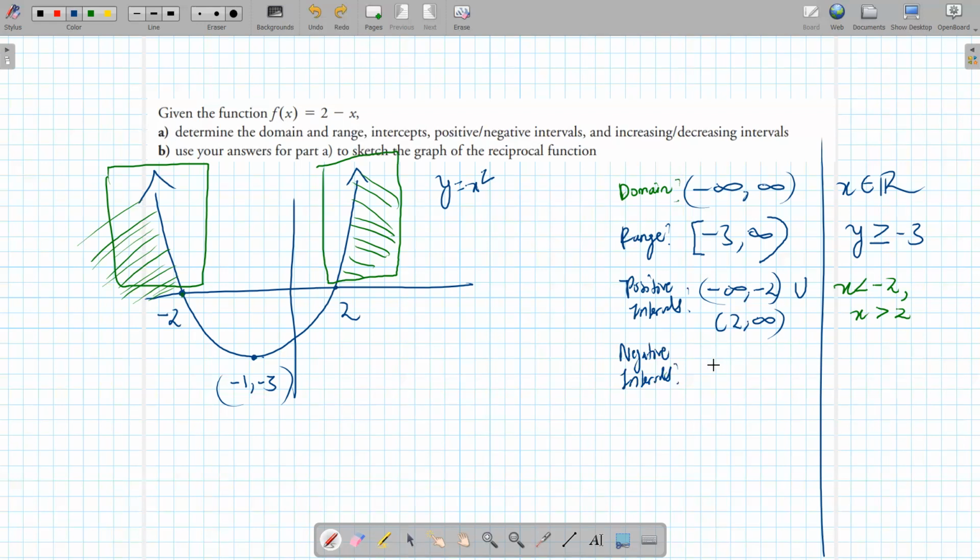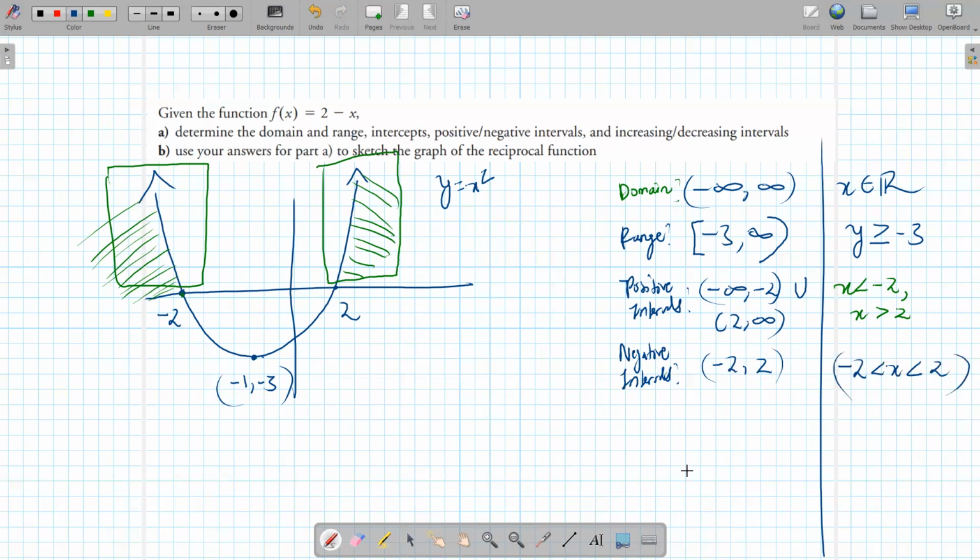Are they inclusive or exclusive? Exclusive, because negative is independent of 0. So -2 to +2 in this. If you want the other way, you can say x can be anything between -2 and +2 like that.